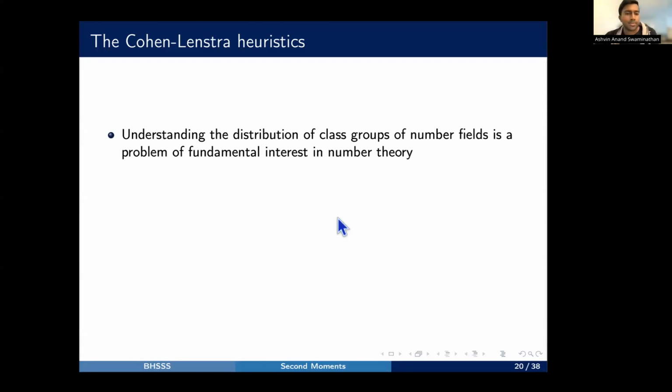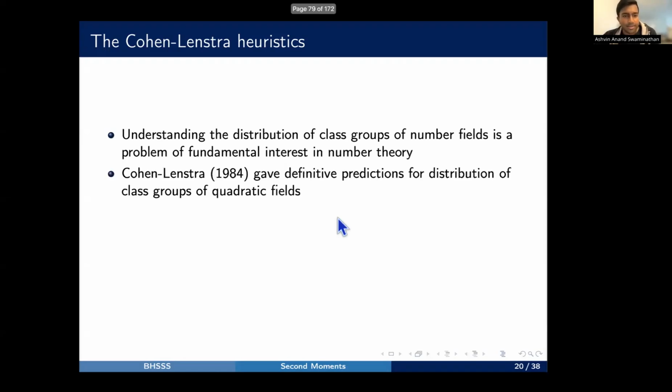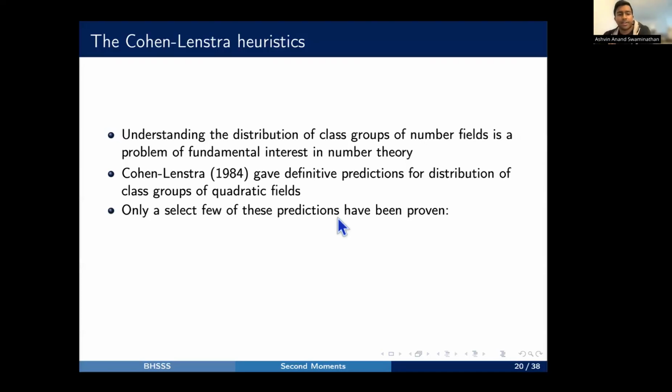So let's start with the Cohen-Lenstra heuristics. The distribution of class groups of number fields is an important problem that we care about. We want to understand this distribution, and in 1984, Cohen and Lenstra gave pretty definitive predictions for what that distribution should be for class groups of quadratic fields. I think it's fair to say that very few of these predictions have actually been proven.